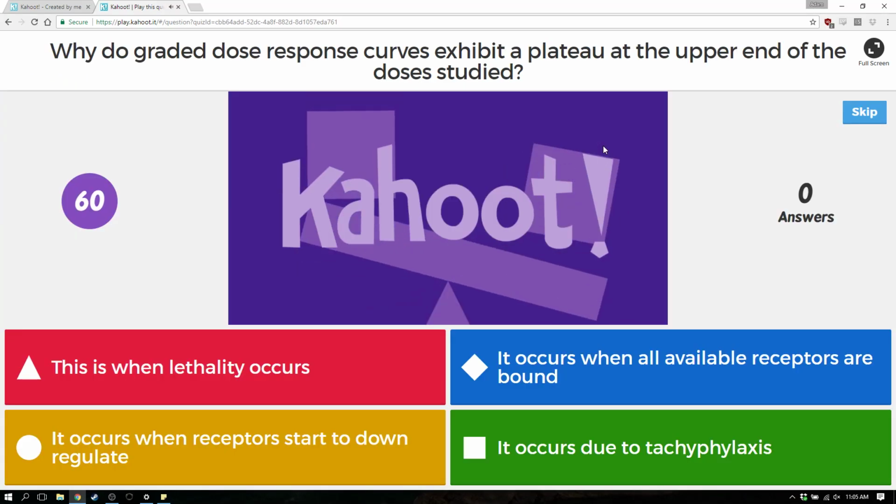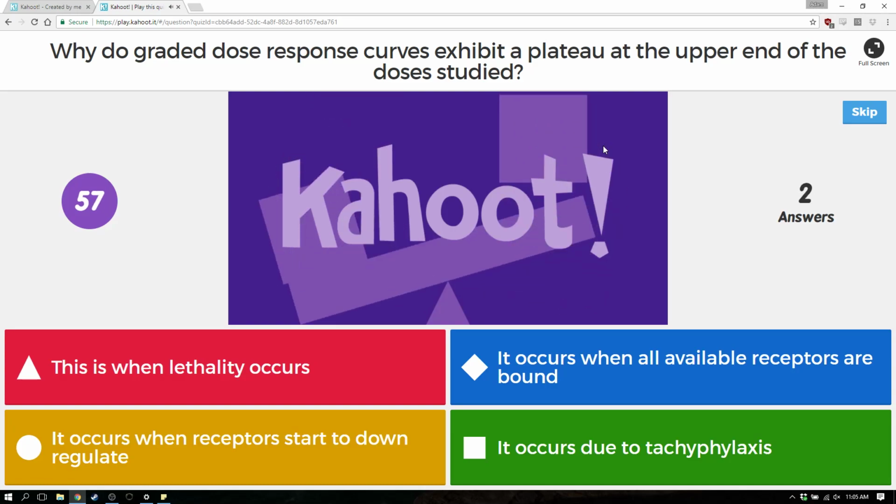All right. So why do graded dose response curves exhibit a plateau effect at the upper end of the doses studied?